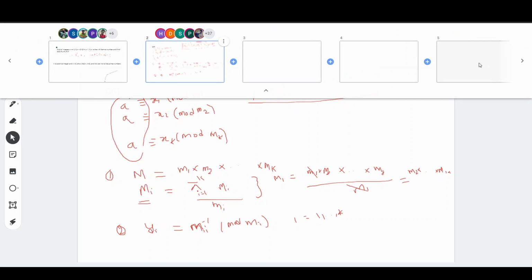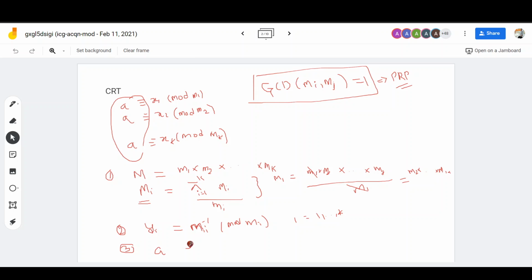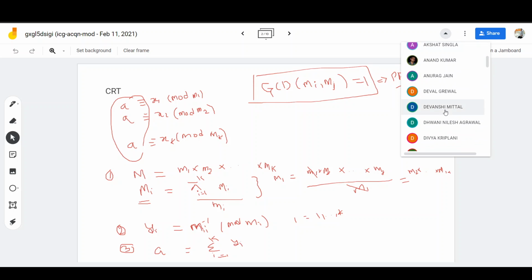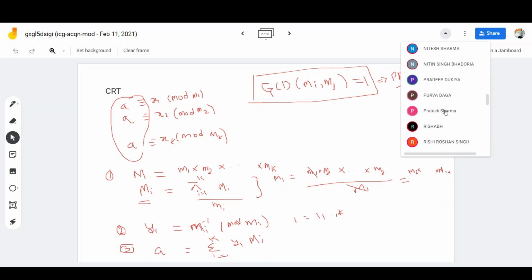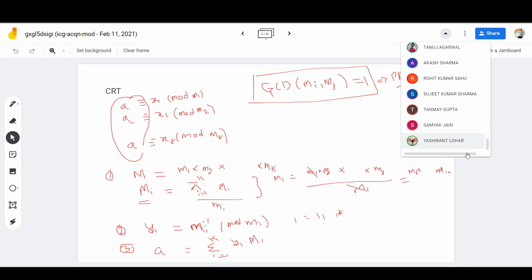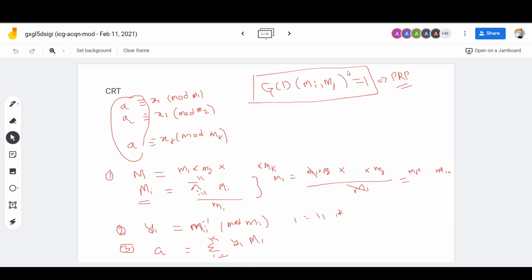And the final step, the third step, is that you need to find a, which is equal to the summation of i equal to 1 to k of your xi, your yi, and your capital Mi.